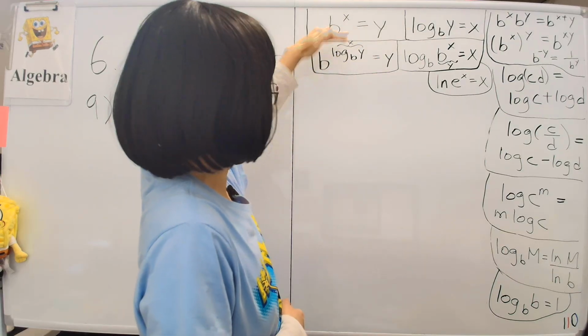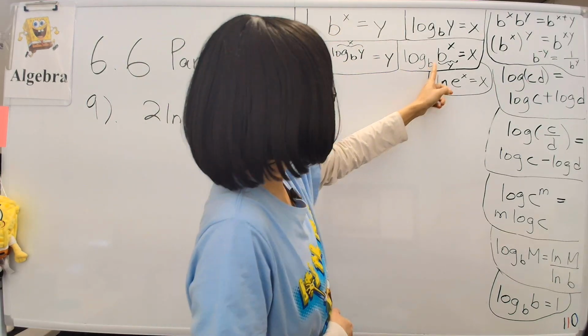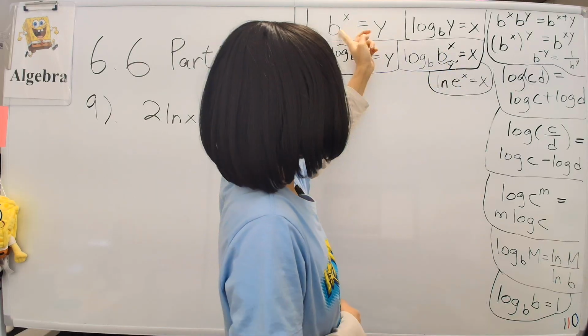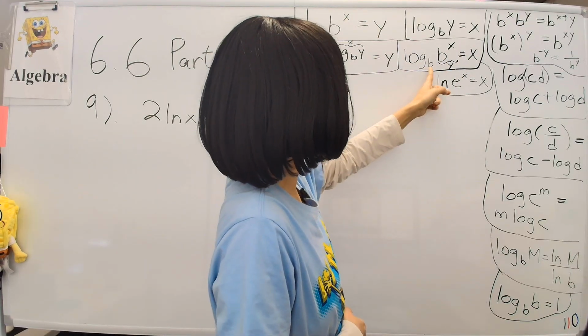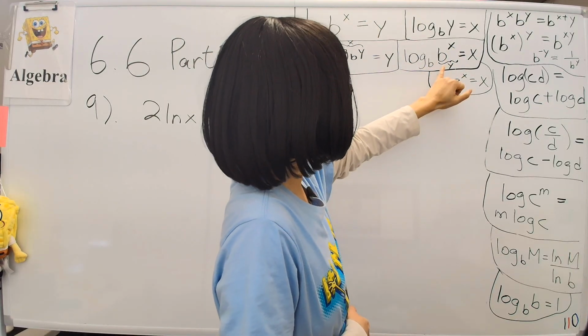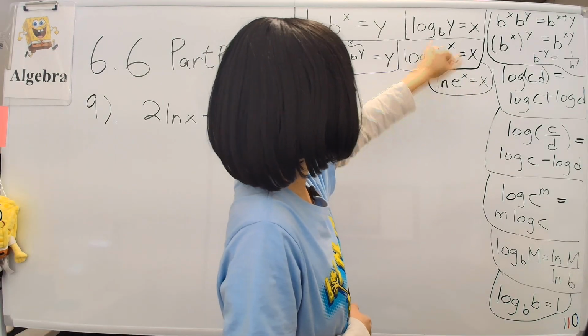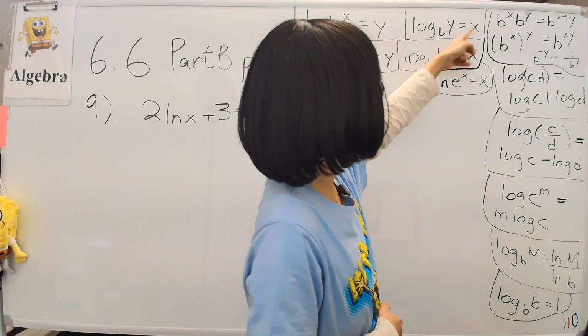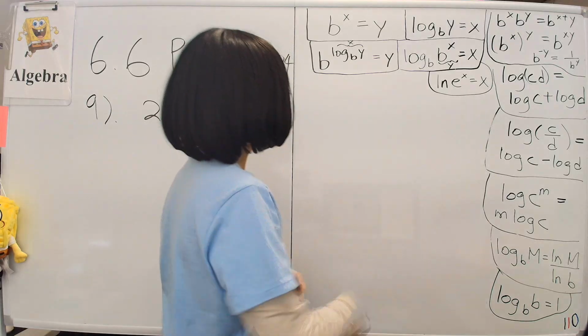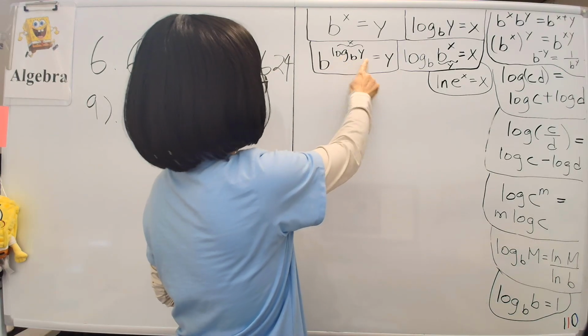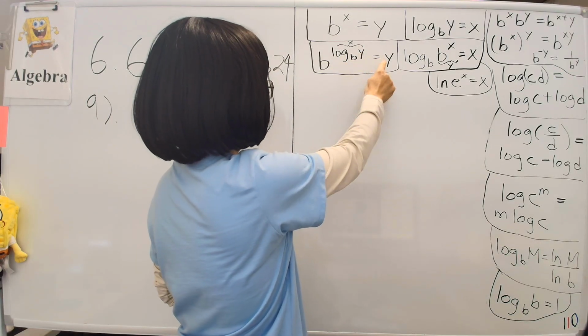So these are the same equations. And similarly here, b to the x is y. So what is log_b of b to the x? Well, remembering that b to the x is y, if you put y in here, this is the same equation, right? So therefore, it equals x. As a result, b raised to the log_b will give you the same answer as what's on top.